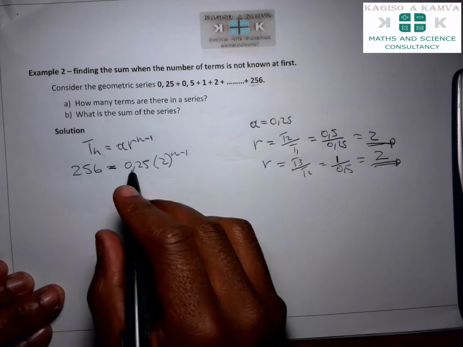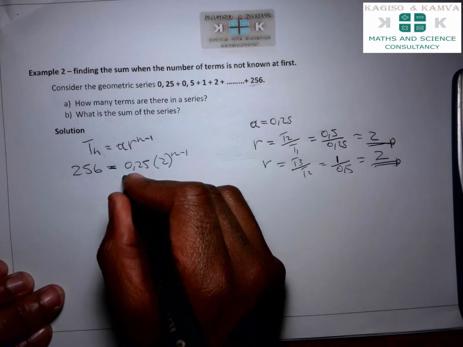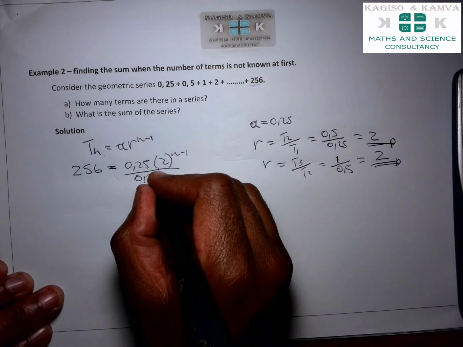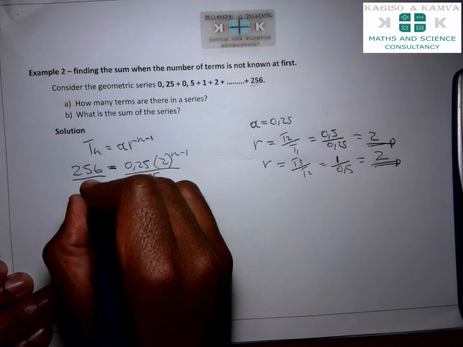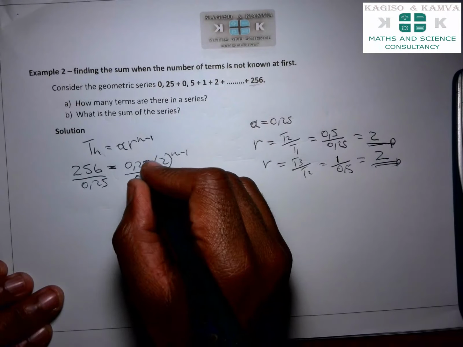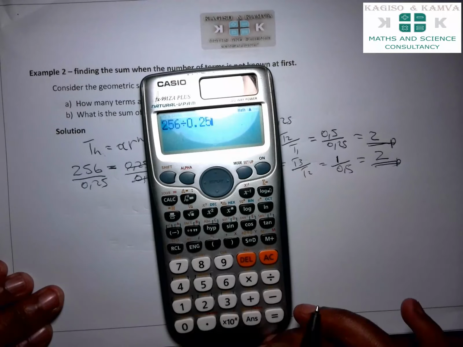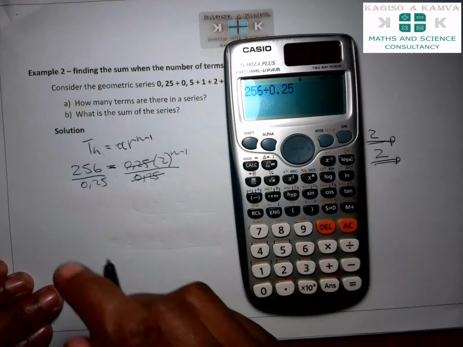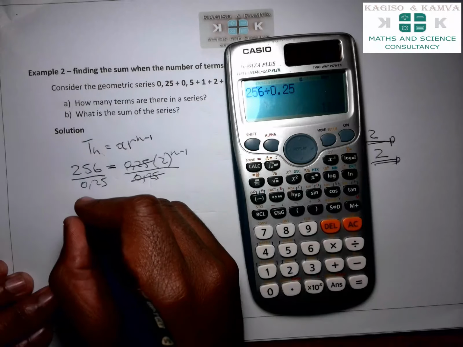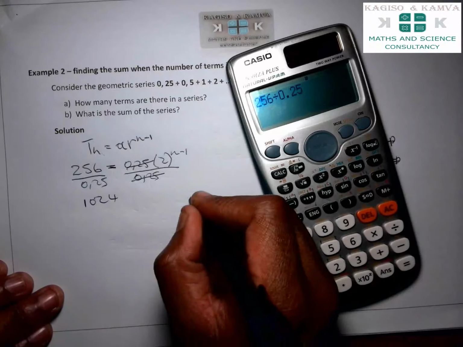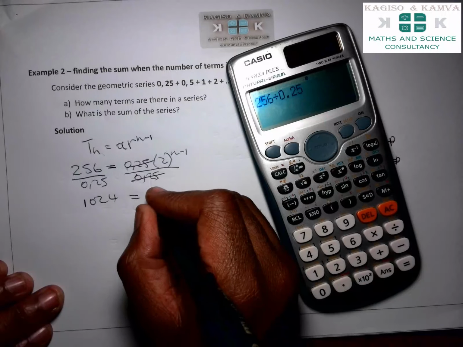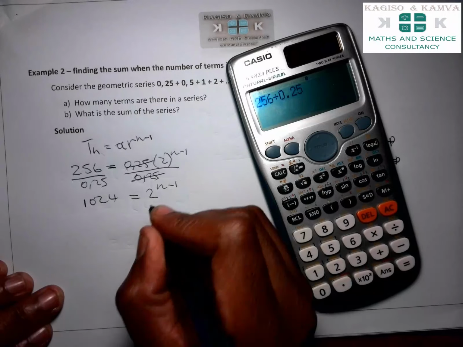From here we're going to divide both sides by 0,25. This is going to cancel that. I'm going to have 256 divided by 0,25. The answer is 1024. So 1024 is equal to 2 to the exponent n minus 1.